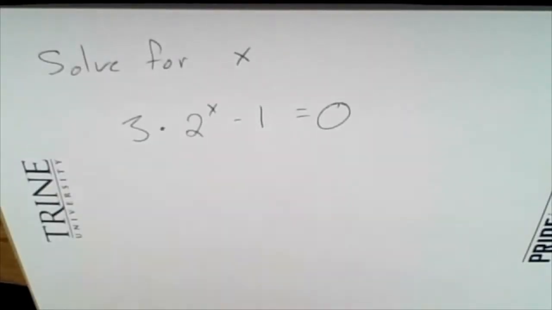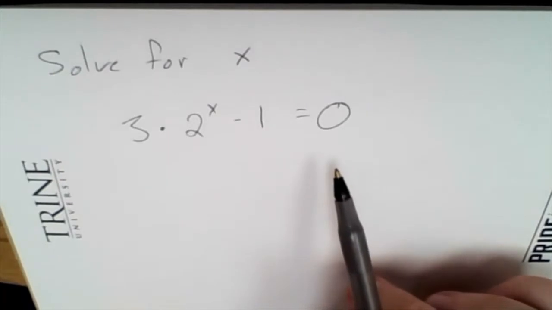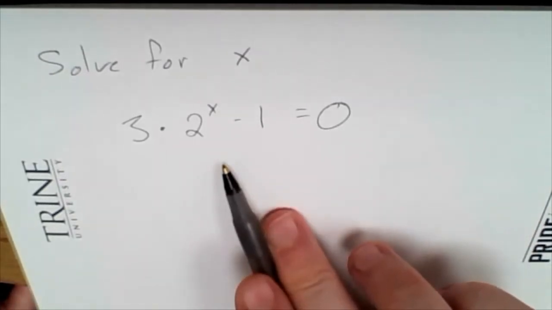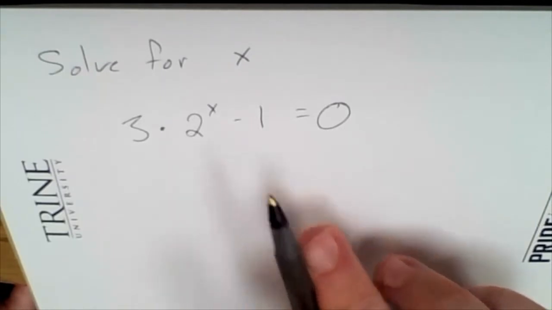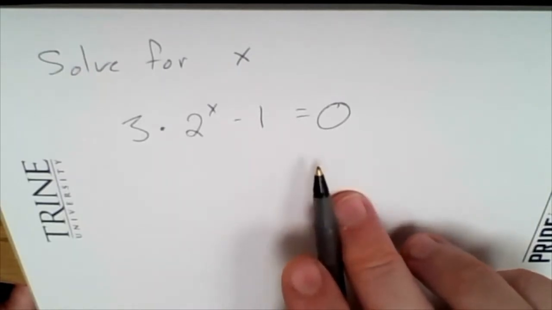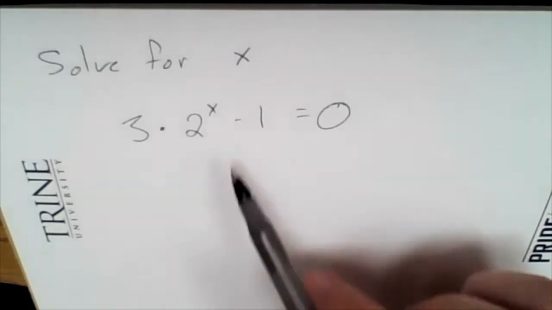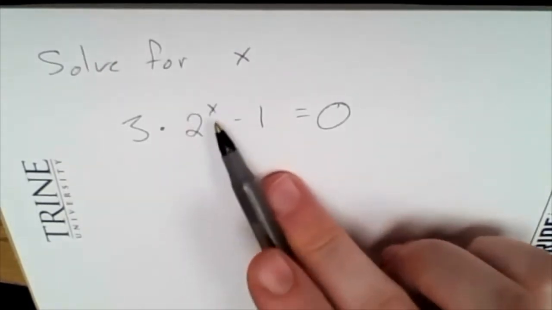I want to give an example of solving a problem using logarithms. So here I have a simple equation where I'm saying 3 times 2 to the x minus 1 equals 0. Now, my eye is immediately drawn to this 2 to the x.